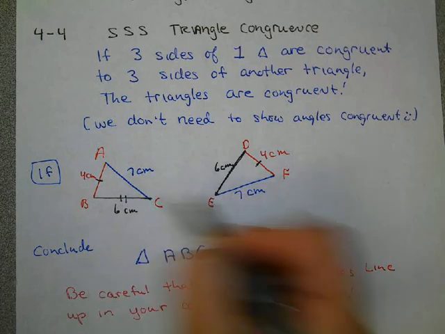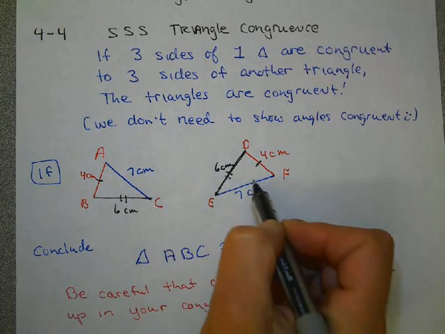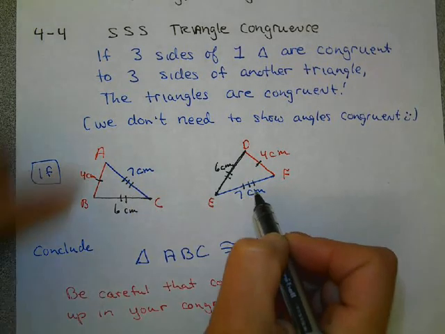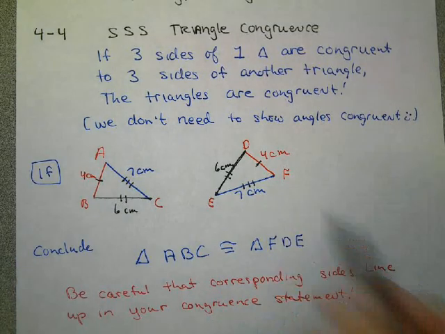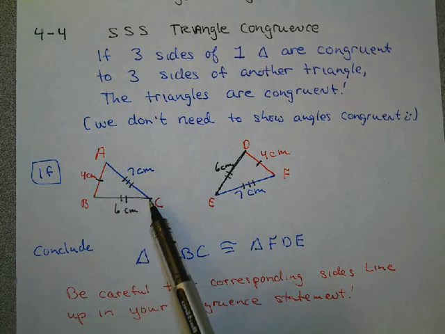So you might see tick marks, you might see measures. Either way, if you've got 3 pairs of corresponding congruent sides, you can say triangle ABC is congruent to triangle FDE.